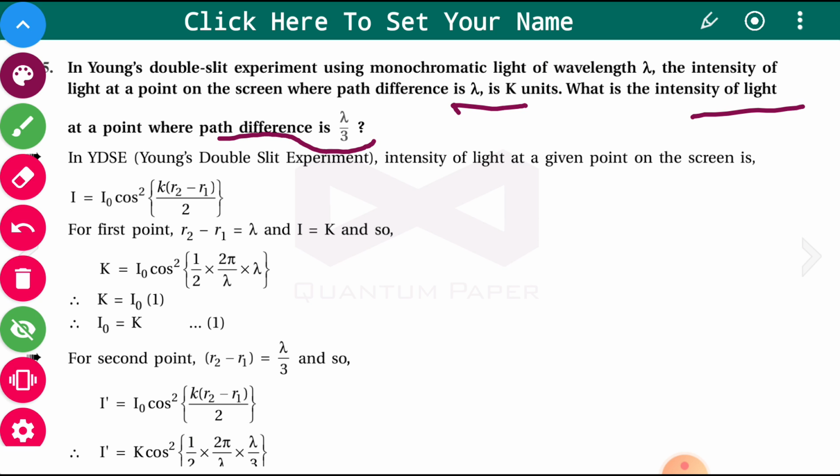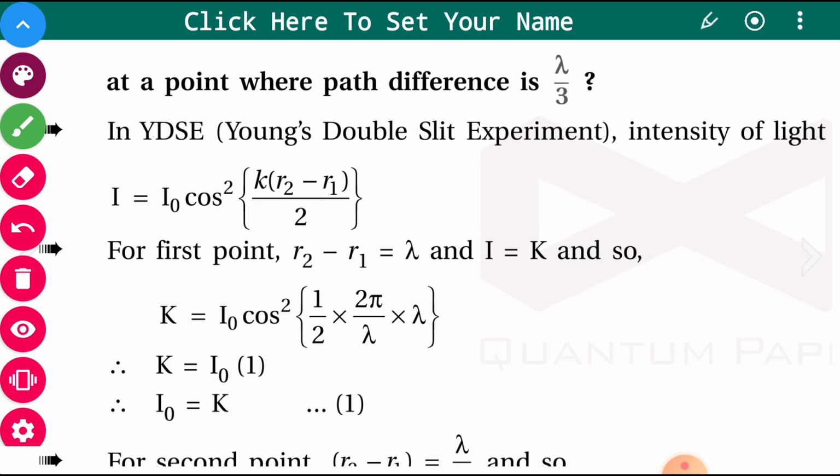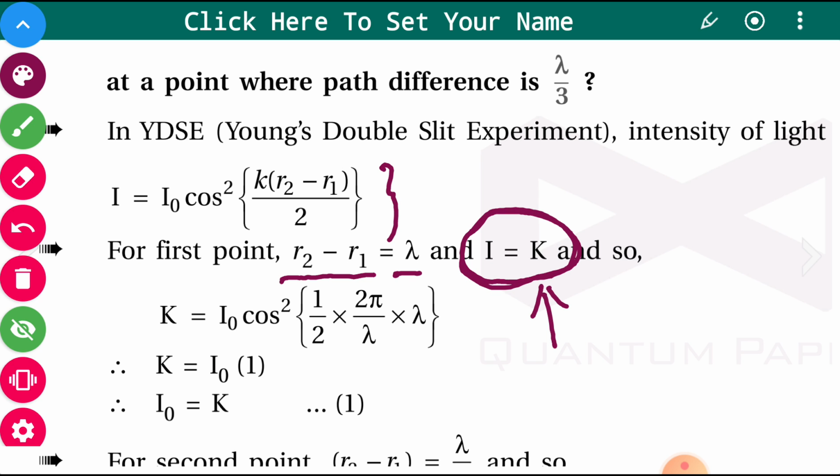Now, according to Young's double slit experiment, the intensity is given by this formula: I is equal to I0 cos square of k (R2 minus R1) divided by 2. Here R2 minus R1 is the path difference, which is given as lambda, and the intensity where the path difference is lambda is k, so instead of I we can write k.